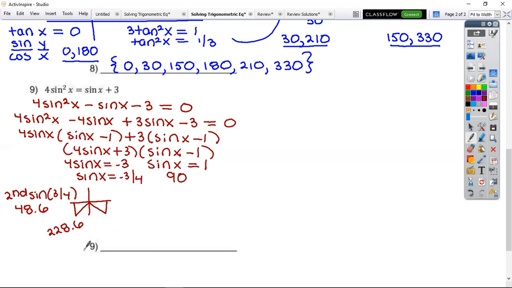And quadrant 4 resulted in 311.4. Okay, so let's put them in order. 90 degrees, 228.6 degrees, and 311.4 degrees.